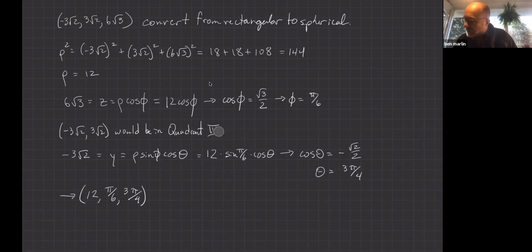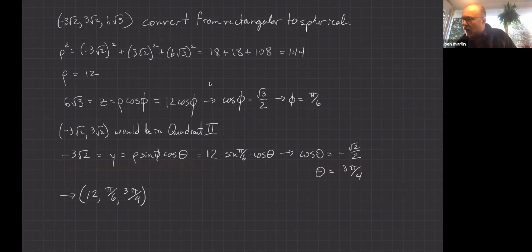That would not be quadrant 4. That would in fact be quadrant 2. So we've got a negative x value and a positive y value. Okay. So with regard to that, then it's probably easiest to go ahead and try to look at things with a cosine of theta.